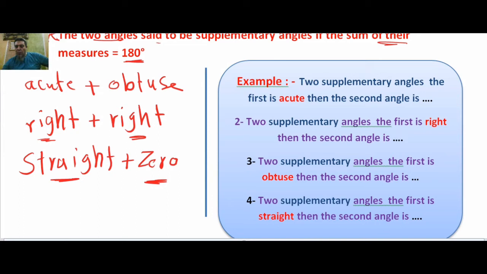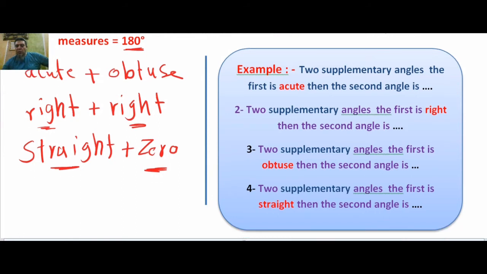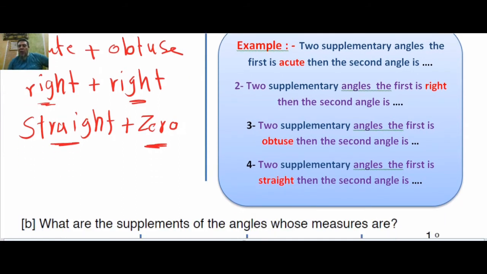Example: complete the two supplementary angles. The first acute, the second is obtuse angle. If the first is right, the second is right.